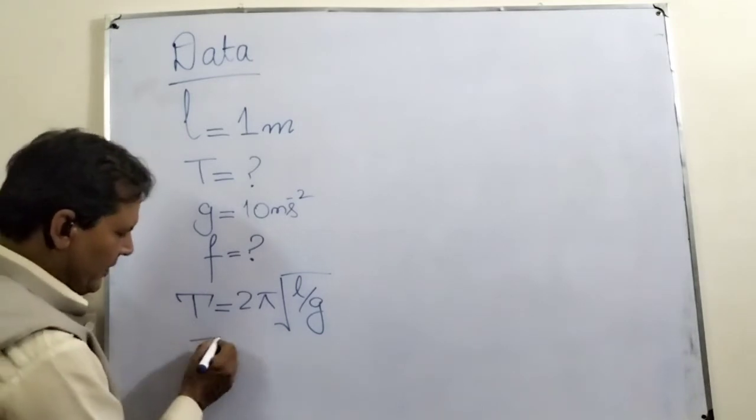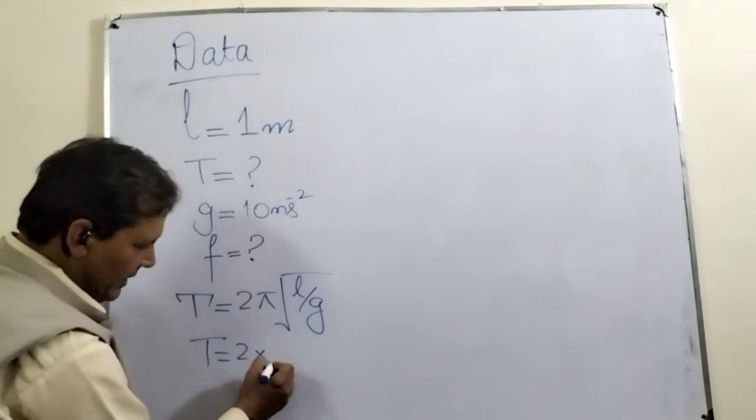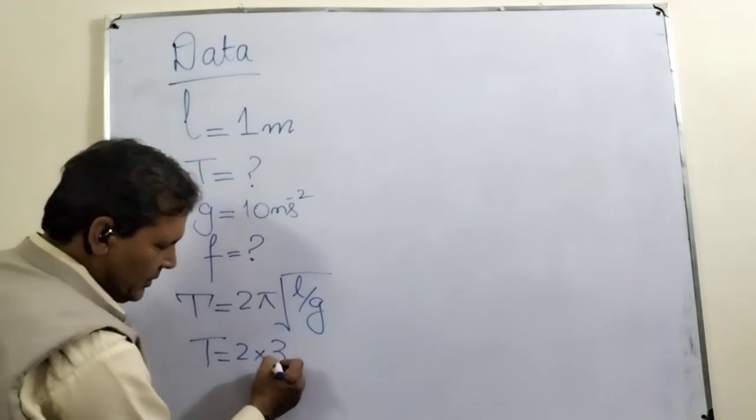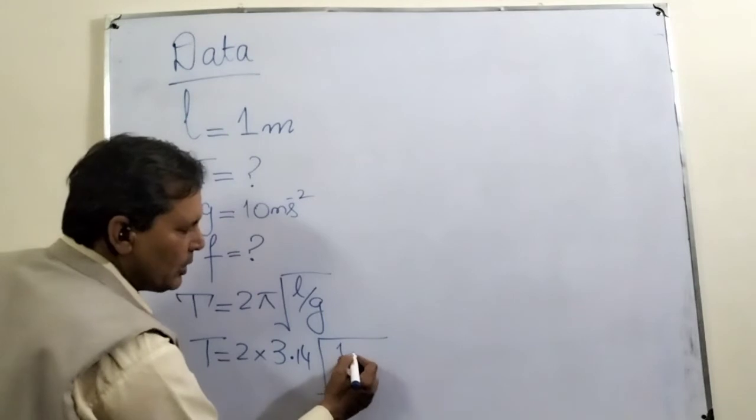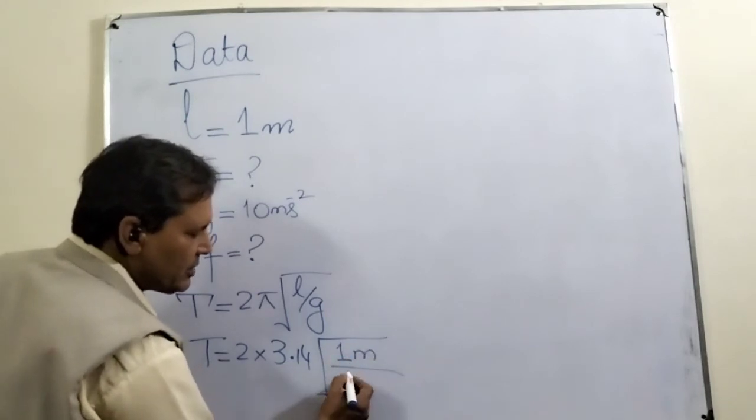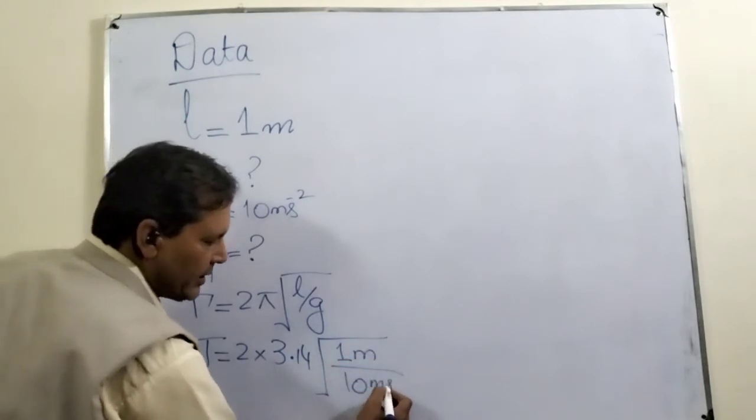So by substituting the values, T is equals to 2 pi, value is 22 over 7, that is 3.14, square root, the length of the pendulum is 1 meter, divided by the value of G is 10 meter per second square.